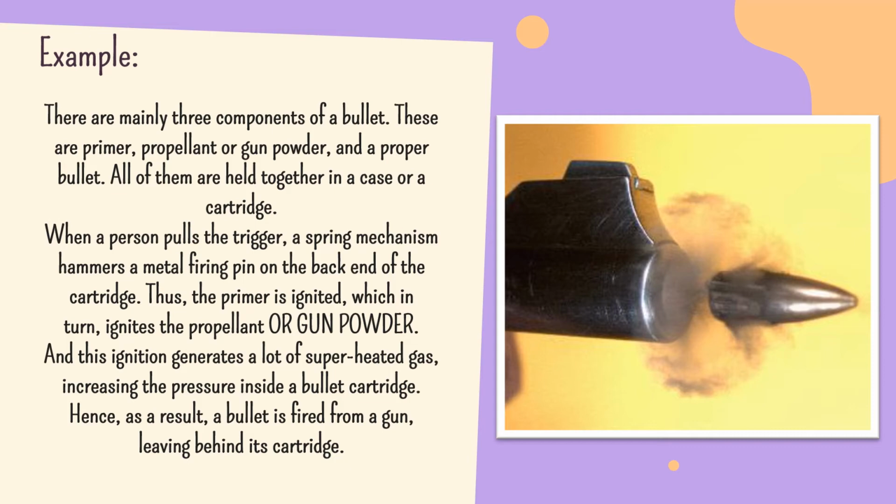Thus, the primer is ignited, which in turn ignites the propellant or gunpowder. This ignition generates a lot of superheated gas, increasing the pressure inside the cartridge. As a result, a bullet is fired from the gun, leaving behind its cartridge.